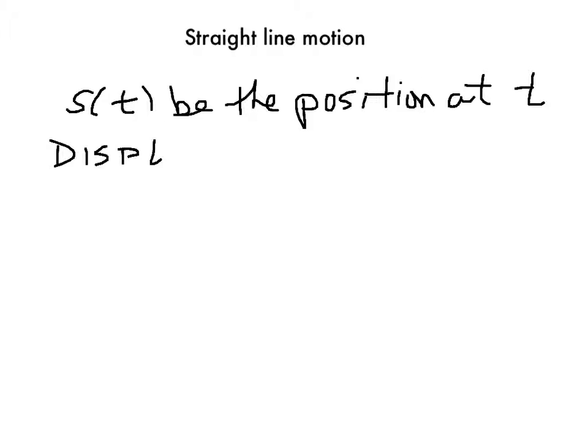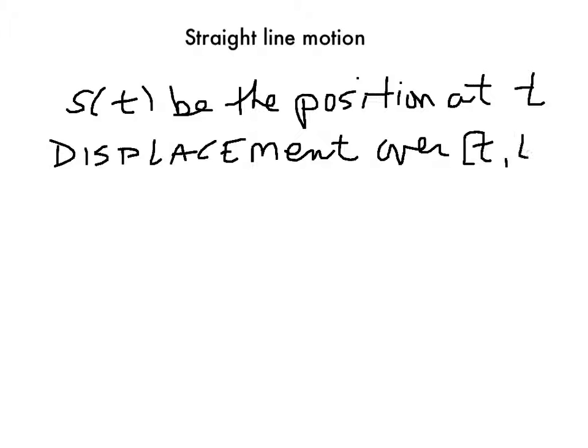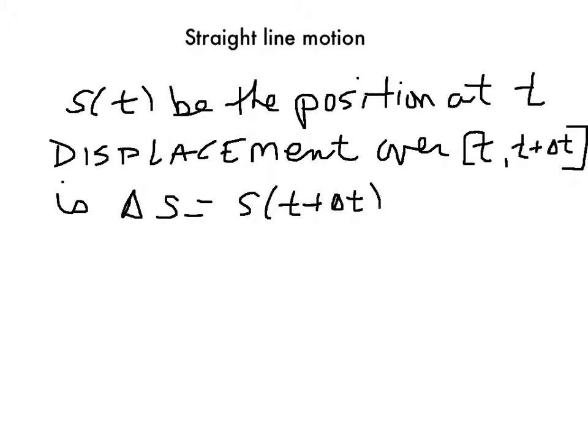The displacement of the particle over the interval t to t plus delta t is given by the expression delta s, which is equal to s of t plus delta t minus s of t. Simply the difference between those two positions.